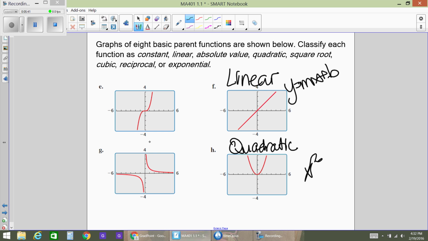You might not have ever seen them before. This one here is a cubic, so you're thinking x cubed. And this is reciprocal, so you're thinking 1 over x. Okay, moving on.